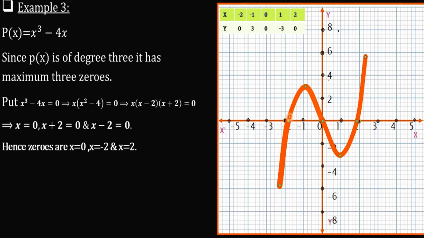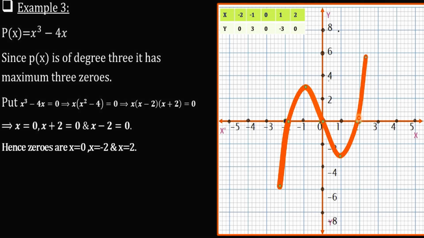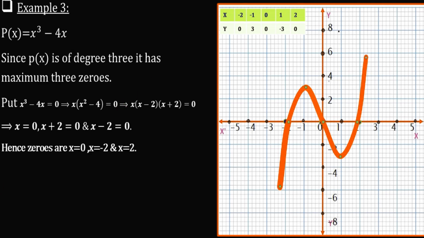So we can note here that the graph is intersecting at 3 points, that is x equal to -2, x equal to 0 and x equal to 2 at the x-axis.